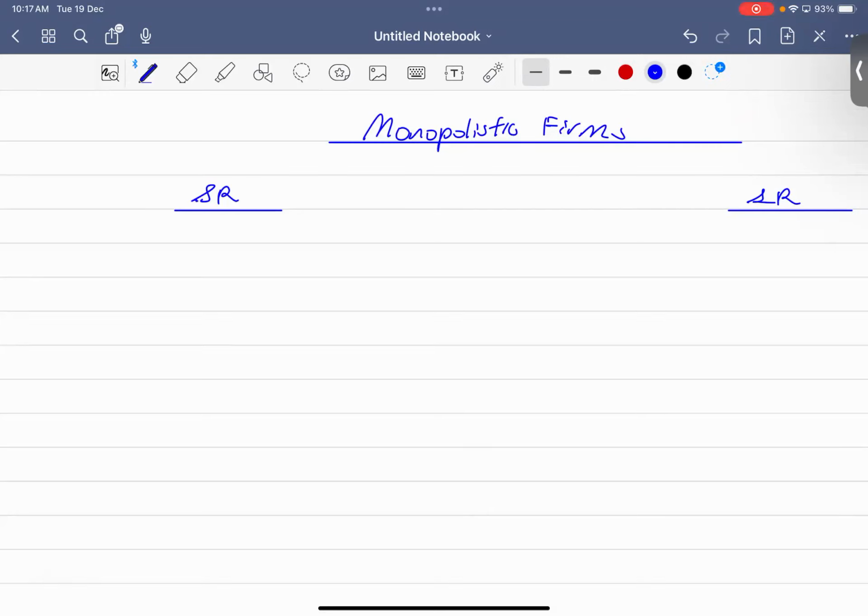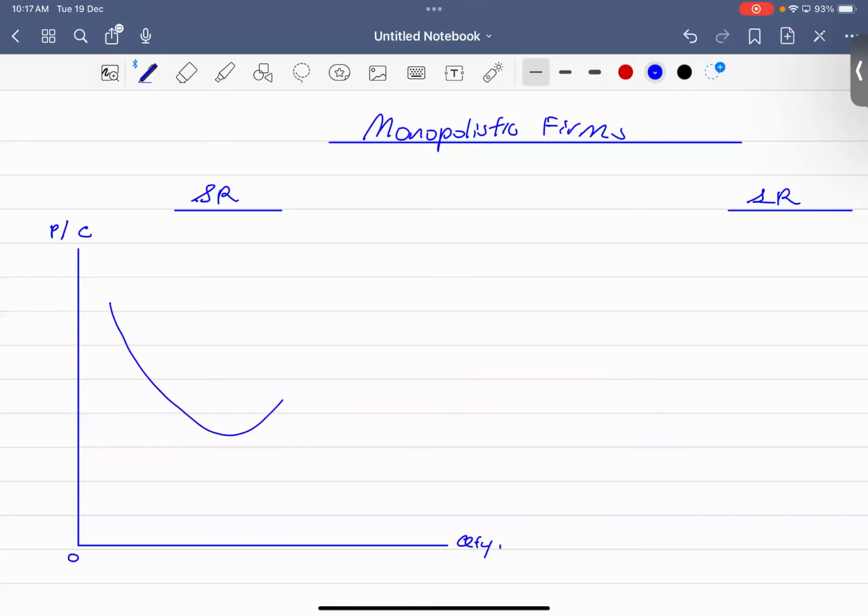Same thing, you have your y-axis and your x-axis. You have your origin, and this is your price or your cost, and this is your quantity. Draw your cost graph first, then only you draw your demand curve. First, you draw your average total cost and your marginal cost.